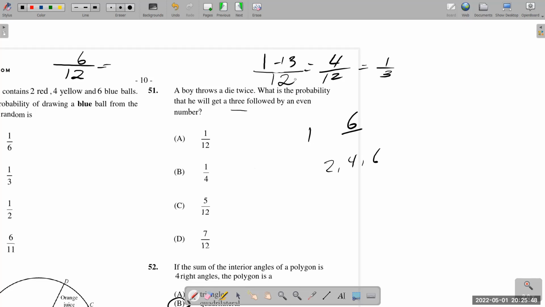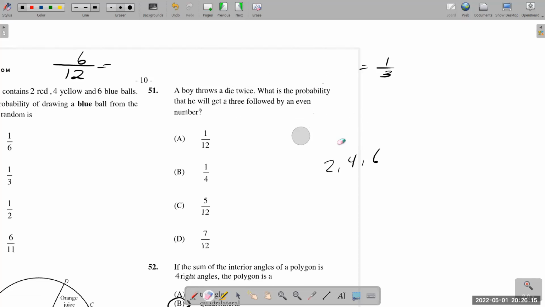So let me check it again. A boy throws a die. What is a die? A die is 1 dice. You sure?